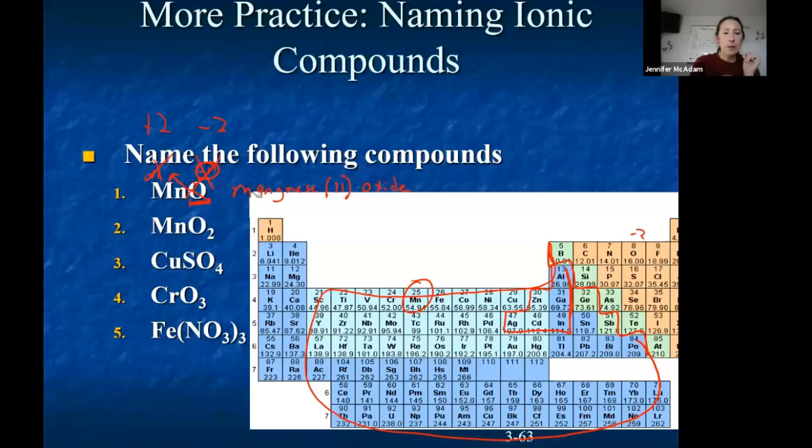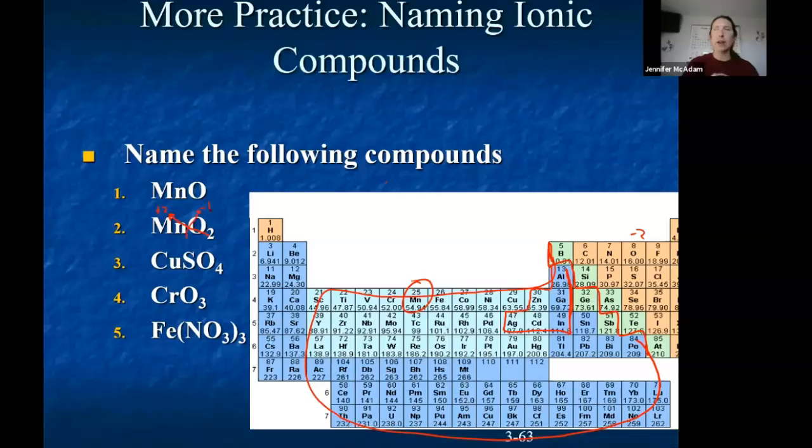Okay, how about for number 2? What is the charge of Mn in number 2? Now we're catching on, right? So again, we could do crisscross. Sure, let's do crisscross. If we do crisscross, this 2 goes up here, but this is a 1.